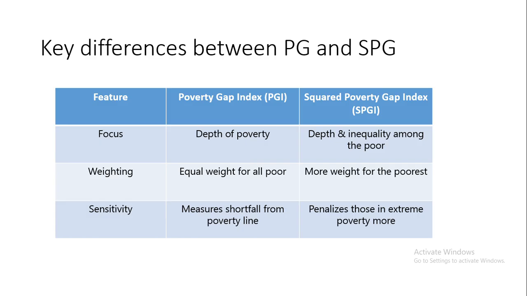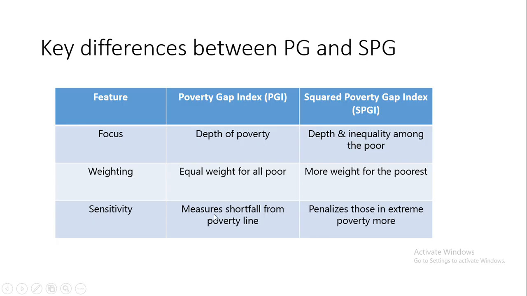Here we have some differences between poverty gap index and squared poverty gap index. Focus: depth of poverty, versus depth and inequality among the poor. Weighting: equal weight for all poor, versus more weight for the poorest.